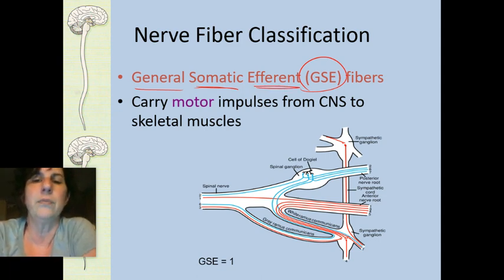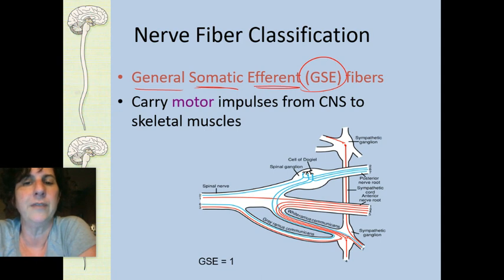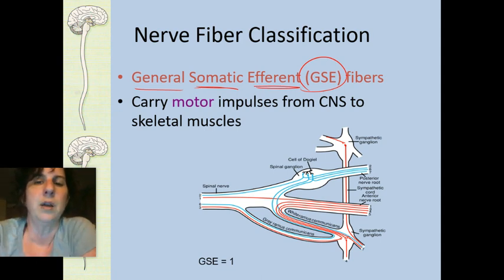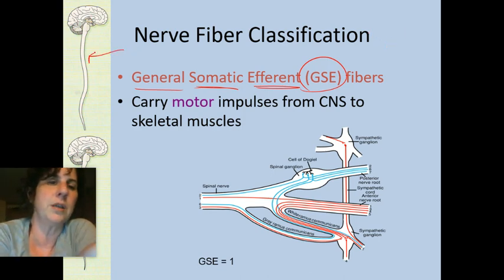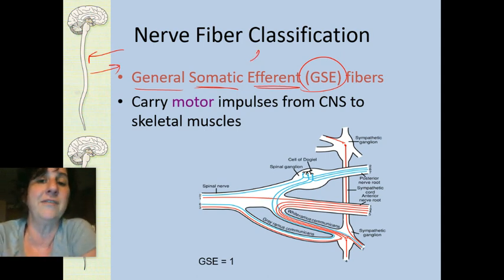And then the third word on there, efferent versus afferent, right? Remember, afferent goes in towards the central nervous system. Efferent goes away towards an effector. Try and remember these things, right? To an effector. So that would be a motor.